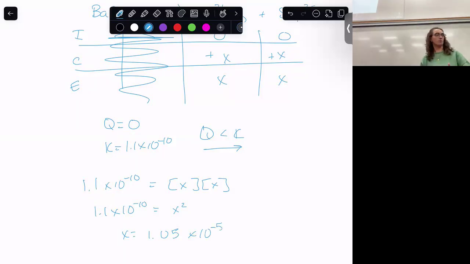So that would be the concentration of both of them at equilibrium. And if you have that concentration, you can consider it saturated. Anything else?